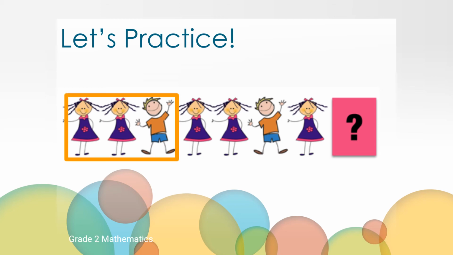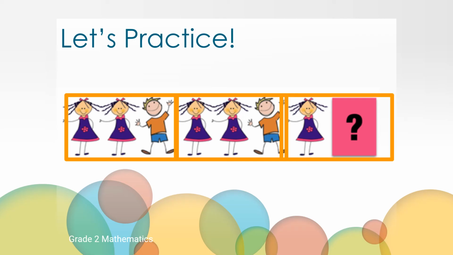The core of this pattern is girl, girl, boy. If this pattern repeats, what can you predict will come next at the end? Did you say girl? Let's check. Girl, girl, boy, then girl, girl. You were right. A girl would come next if we extend this pattern.